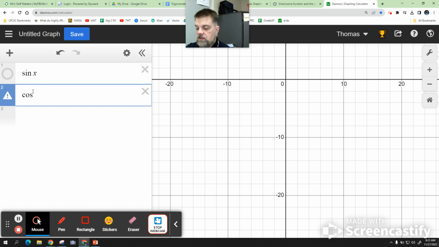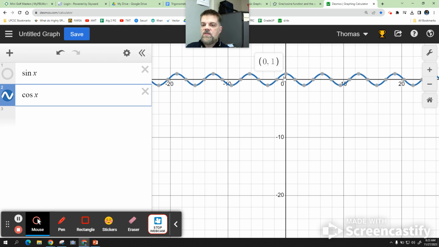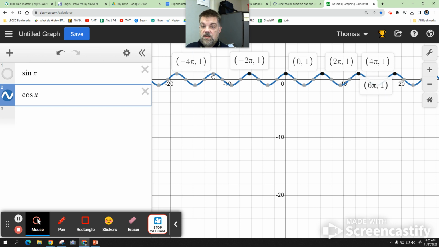Cosine is a cofunction, and I have to plug in x, but really it's theta, right? Same thing here. This is where the period starts. If I go over 2 pi, 4 pi, 6 pi in the same direction. That's the period. In other words, one full cycle is 1 and up. You go down and up. For the other one, you go up and down and then start to head back up. Does that make sense?